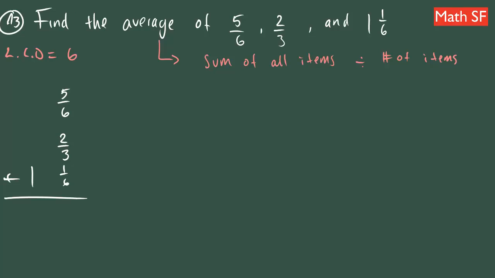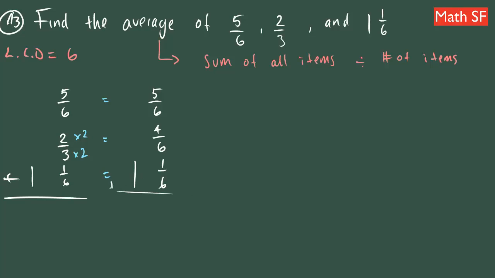Now, when you find that number, you know you have to break it into a product of prime numbers and make sure each factor is included in your LCD. So 6 is already a 6, so I don't have to do anything there. So I'll just copy 5/6. But this part here, this 3, I have to multiply by 2 top and bottom to obtain 4/6. And this part here is already a 6 in the denominator, so I'll just copy again 1 and 1/6.